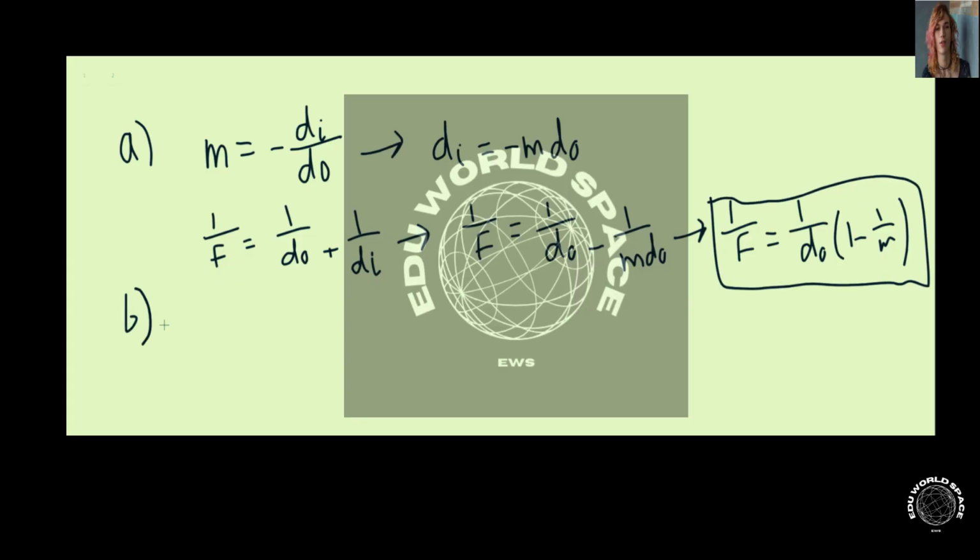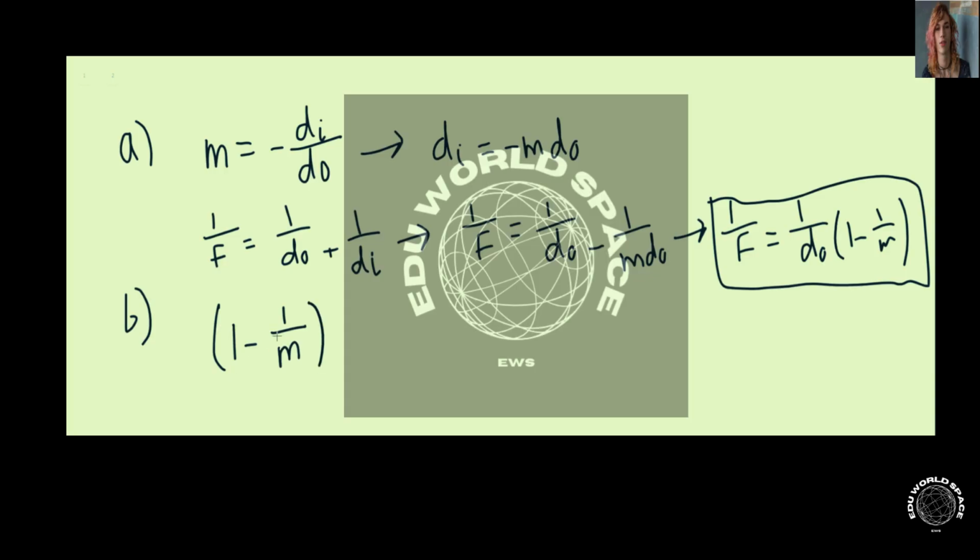Now for the second part, we set the object distance equal to the range of all positive numbers. Since the focal length of a convex mirror is always negative, the term in parentheses in the above equation that we just derived must be in the range of all negative numbers for the object distance to include the range of all positive numbers.